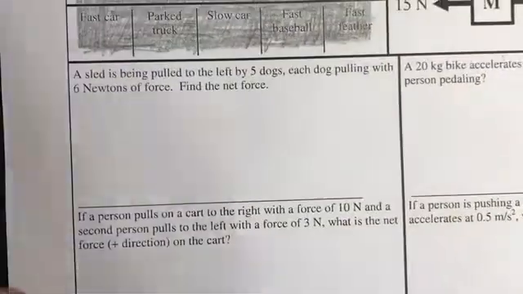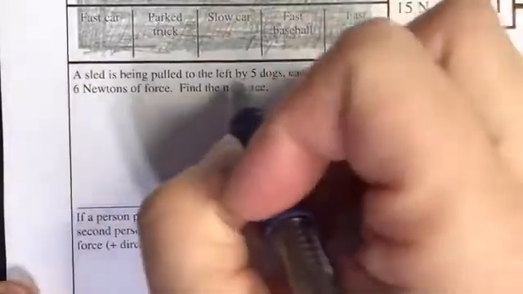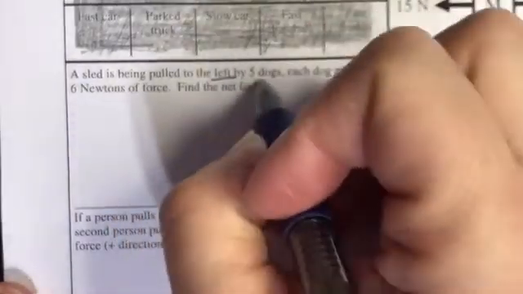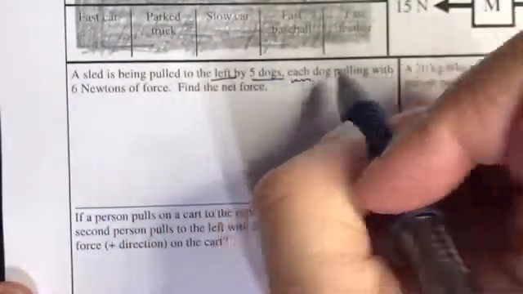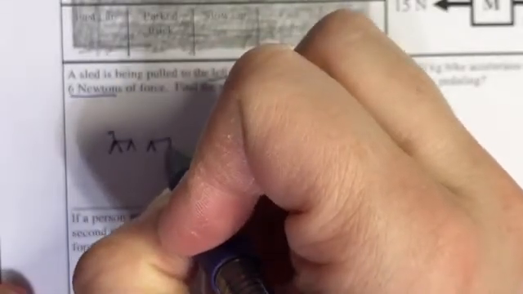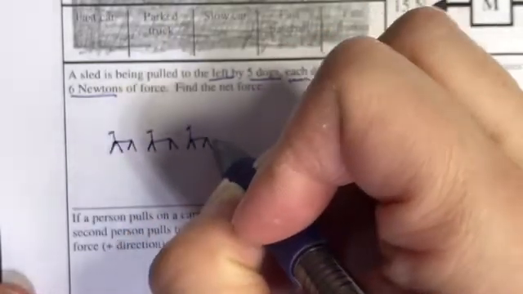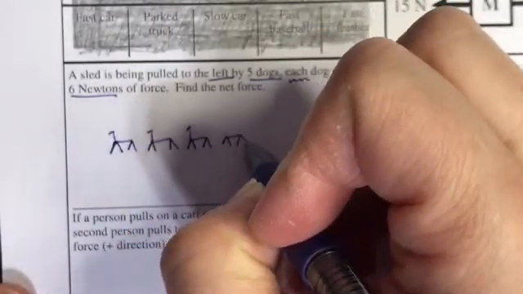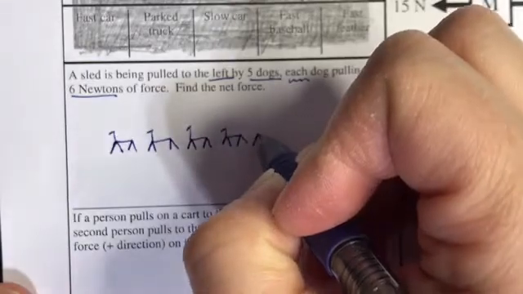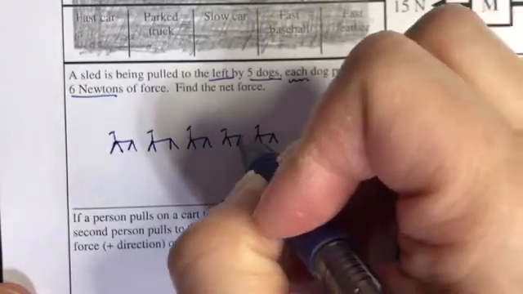Okay, so the first one, a sled is being pulled to the left by 5 dogs. Each dog pulling with 6 newtons of force. Let's find the net force. So we've got 5 dogs going left that way. 1, 2, 3, 4, 5.